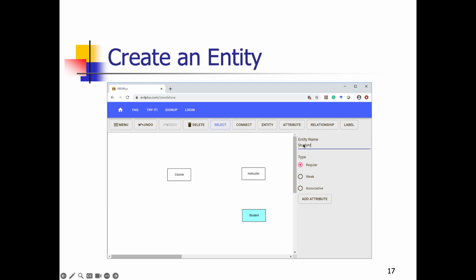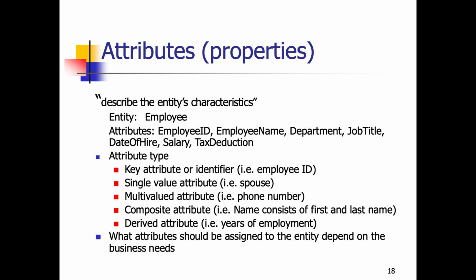Then here you can identify the name for your entity. And then there are different types of entity, like regular, weak, and associative. So for now, we focus only on the regular one. I'm going to explain weak and associative entities later. So just to work a little bit with the ERD Plus, you can just select the regular one now.